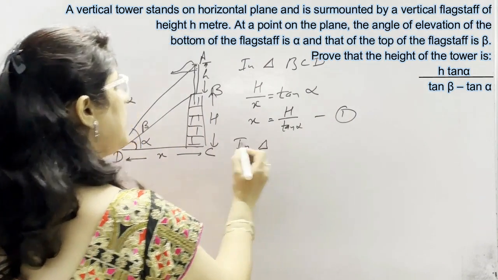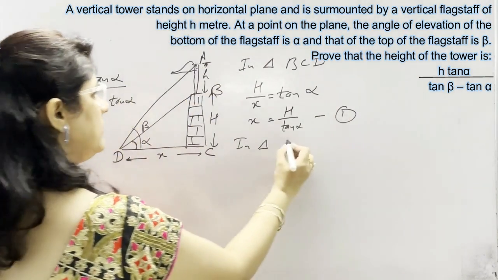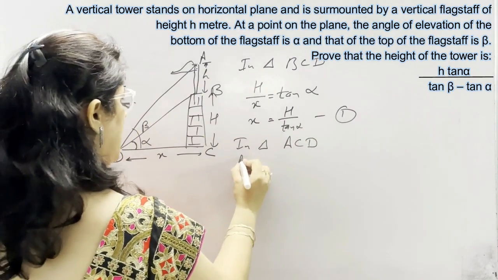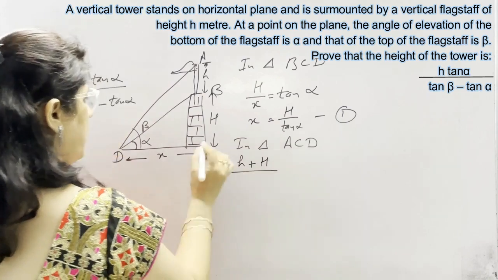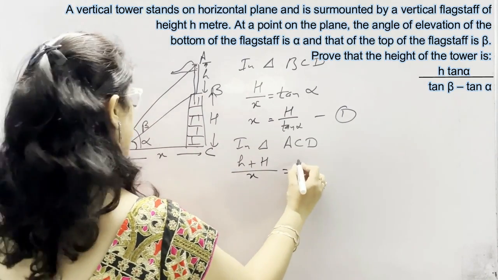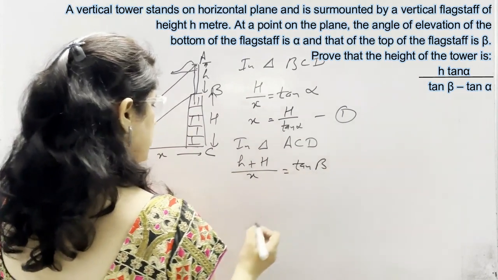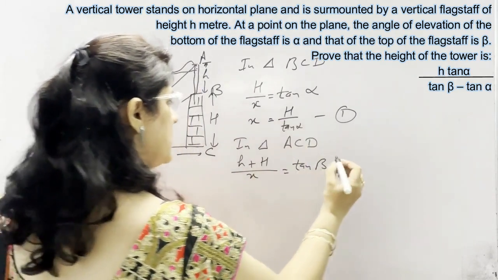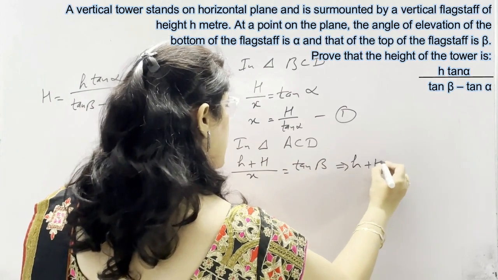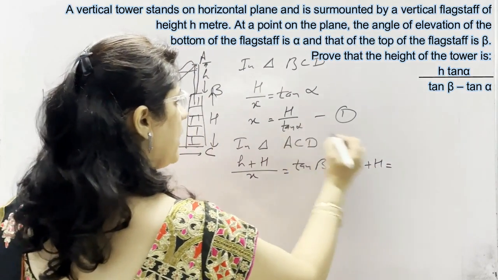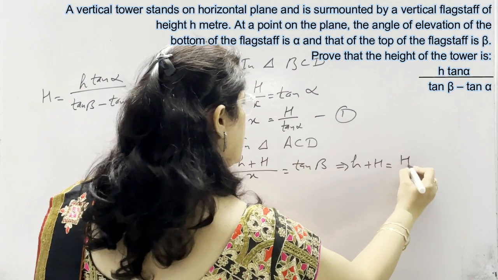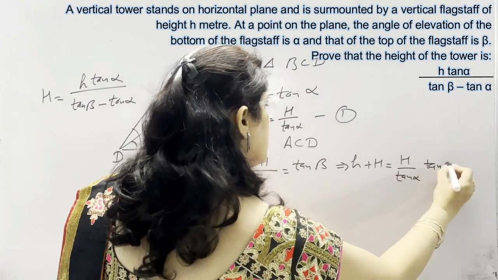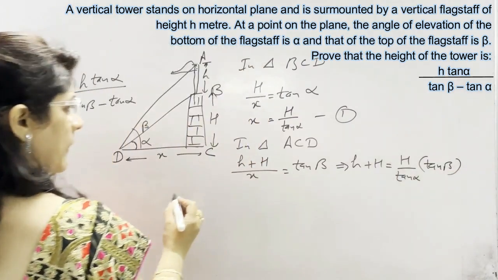Now in next triangle ACD, in triangle ACD, H plus h is our hypotenuse now, upon base is X and angle is tan beta. Now we can replace this X with the value of this. So H plus h is equal to X tan beta, and instead of X we can write H upon tan alpha into tan beta.